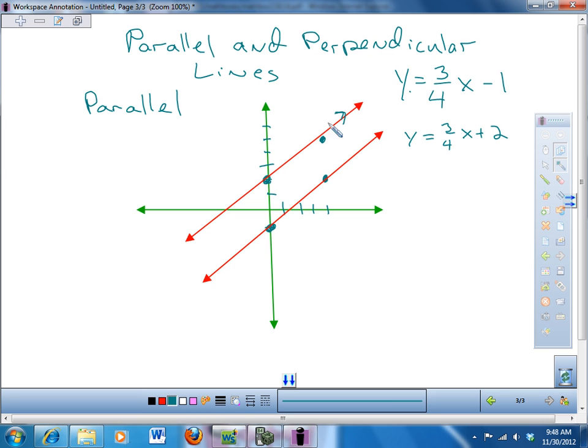If you see little arrows on lines, that usually means those lines are parallel. Some of you were getting confused yesterday.